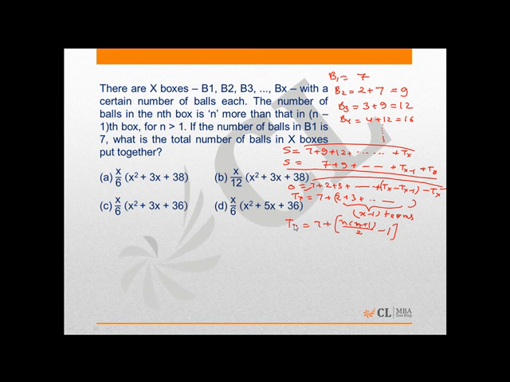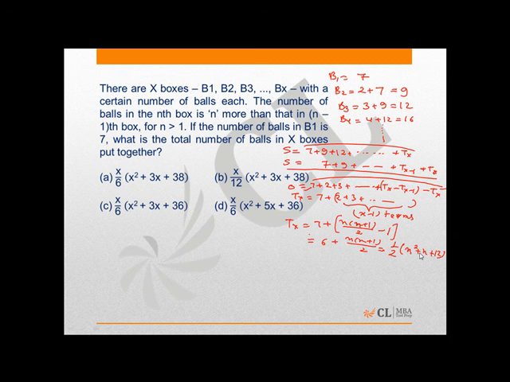That means my tx will come out to be 6 plus n into n plus 1 divided by 2, or when we solve it, it will give you 1 by 2 into n square plus n plus 12. This is my nth term.